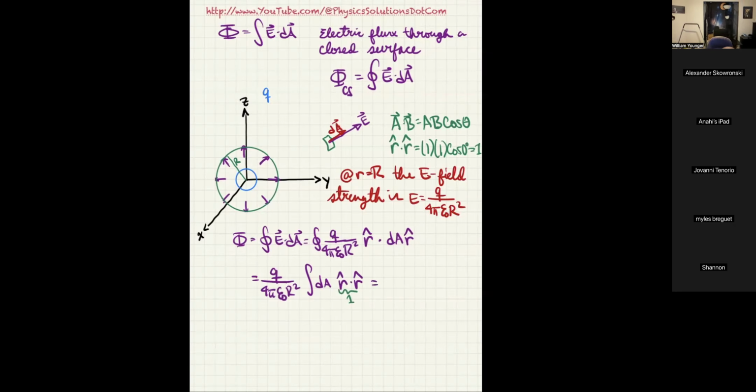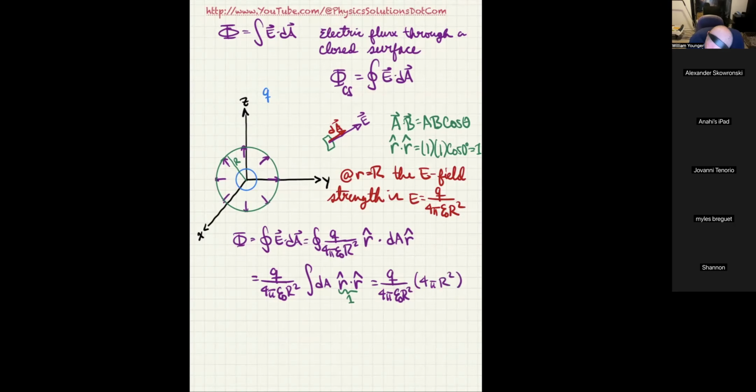And all we have left is Q over 4 pi epsilon naught R squared times the integral of the differential area element on the surface of a sphere, and we're integrating over the whole sphere. So the integral should work out to be the surface area of a sphere. And of course, the surface area of a sphere is 4 pi R squared.